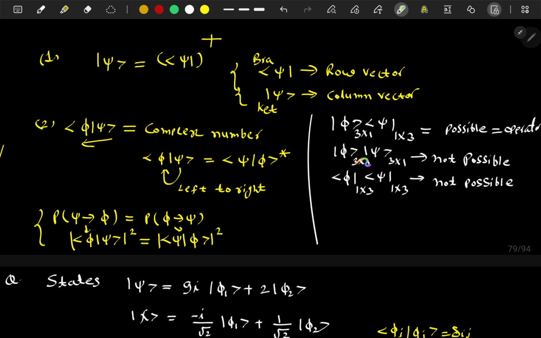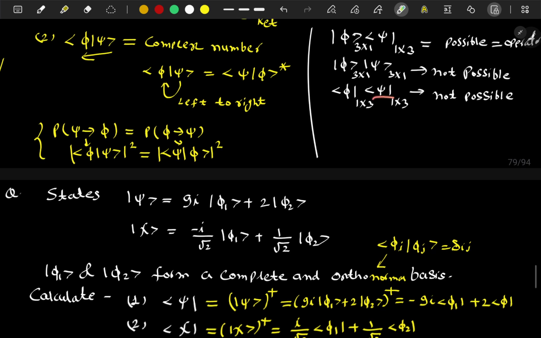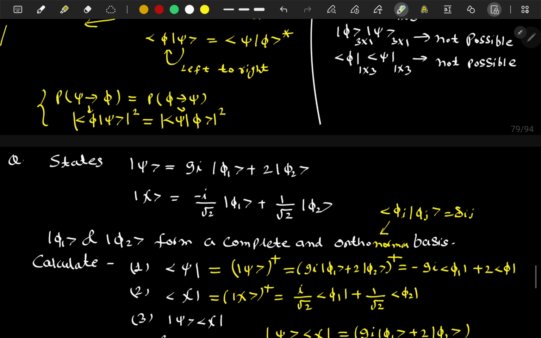But here it is 3 cross 1 and 3 cross 3, so the number of columns of the first matrix is not equal to the number of rows of the second matrix, so it is not possible. Here also multiplication is not possible. So what I say is, the product of ket and bra is possible, but the product of ket and ket is not possible. Product of bra and bra is not possible either.